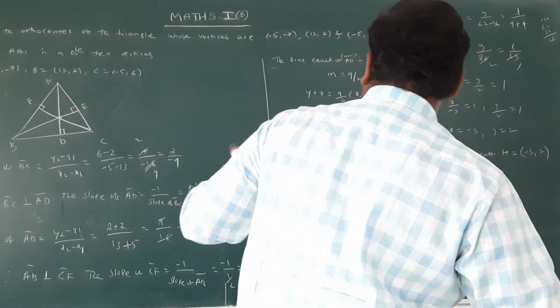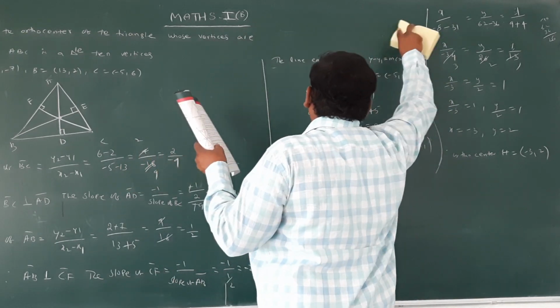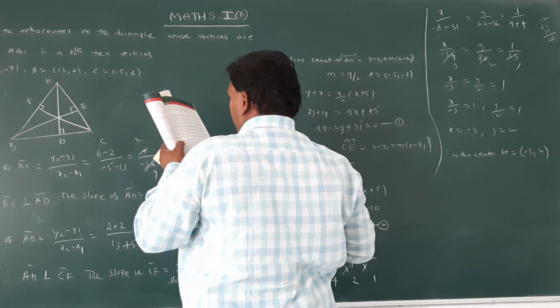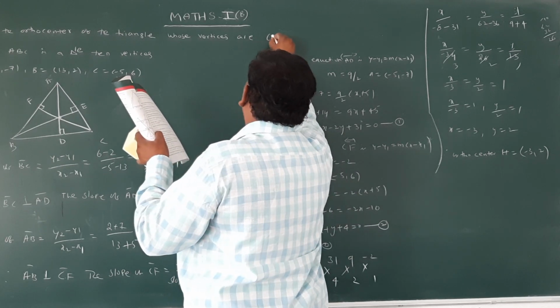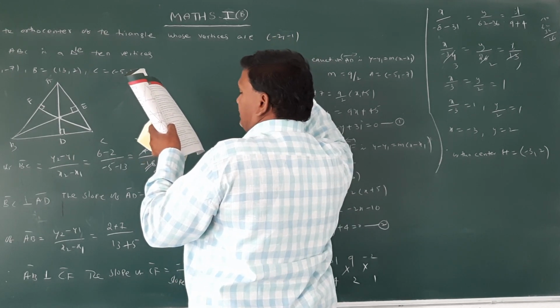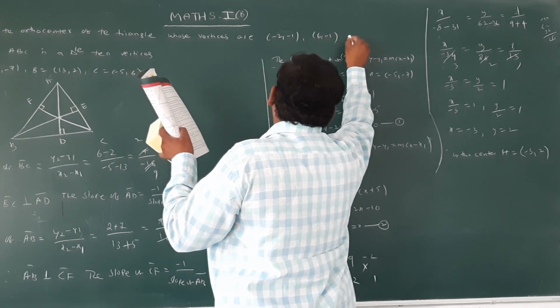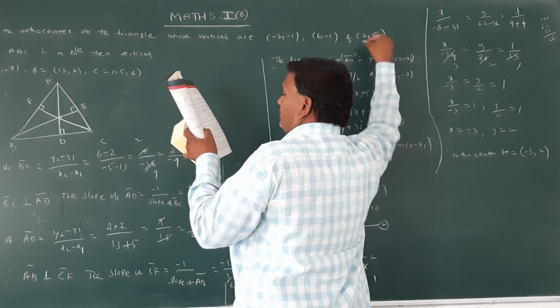Find the orthocenter of the triangle whose vertices are minus 2 comma minus 1, 6 comma minus 1 and 2 comma 5.